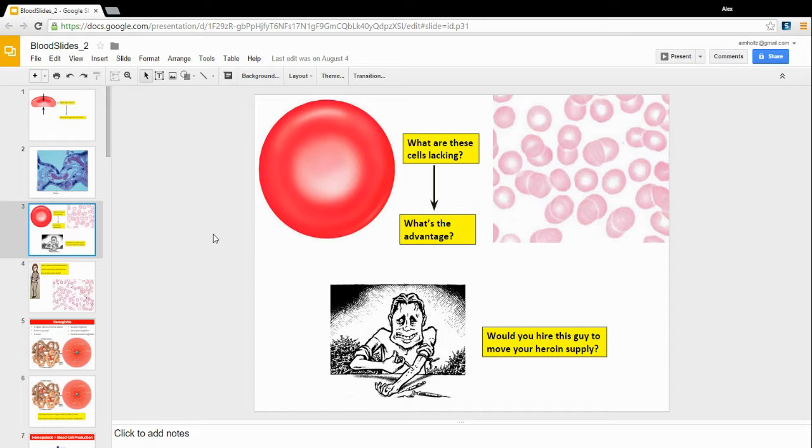So the advantage of this is by removing the nucleus, by removing the organelles, there's going to be more room to fill these red blood cells with proteins called hemoglobin that are integral to oxygen transport, as we're going to see in a second.